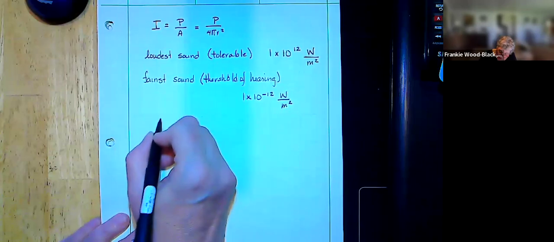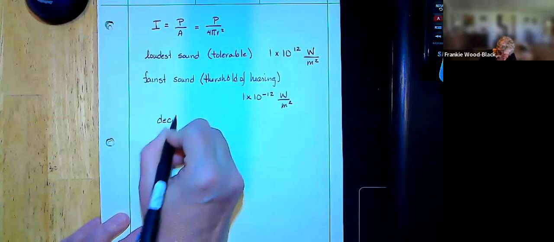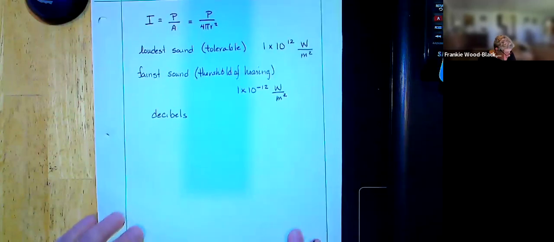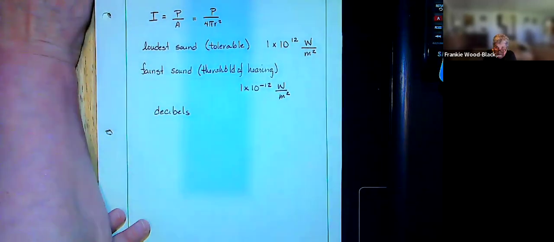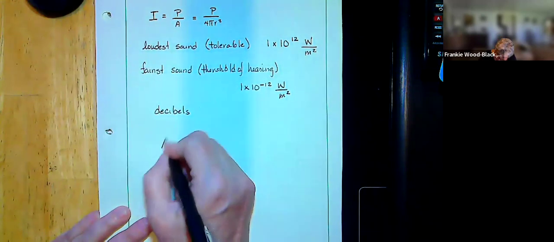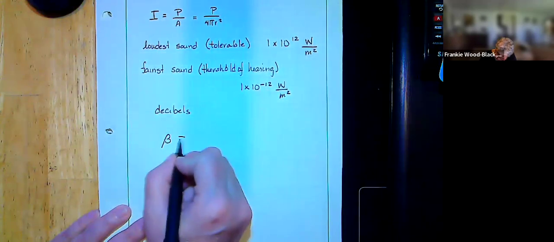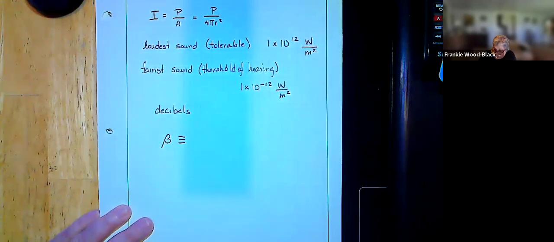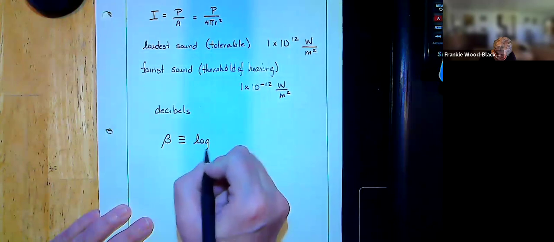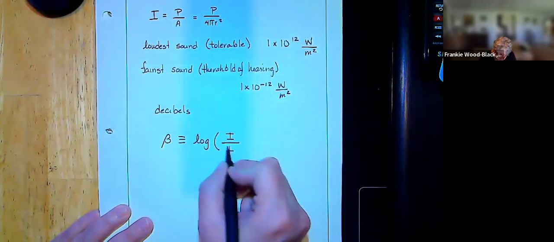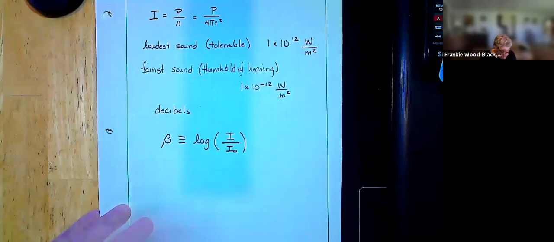That's why we measure in decibels, because we are dealing with several orders of magnitude. A decibel, which we give a Greek beta, is defined as the logarithm of the intensity of the sound divided by the threshold of hearing.